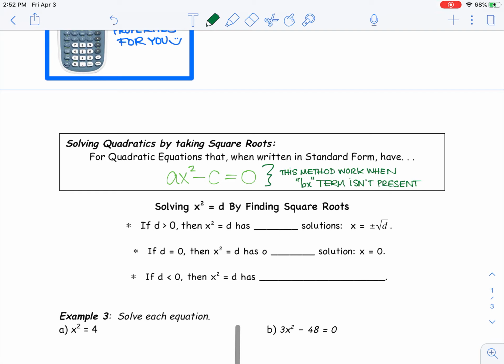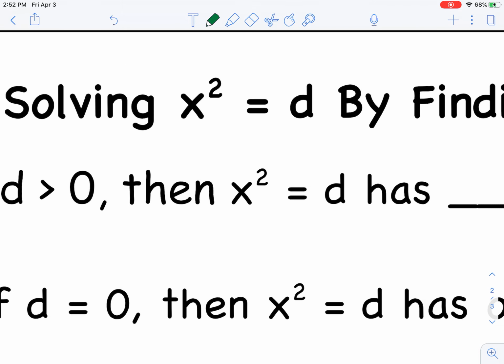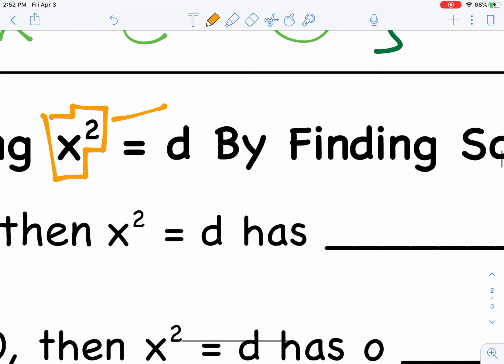All right, so in the process of trying to solve, what you're going to do first, or step one, is going to be to isolate that squared term. So our goal is to get the x squared all by itself with a 1 in front.